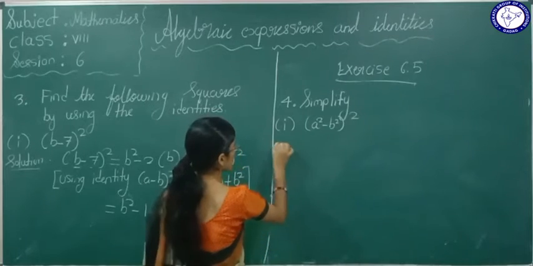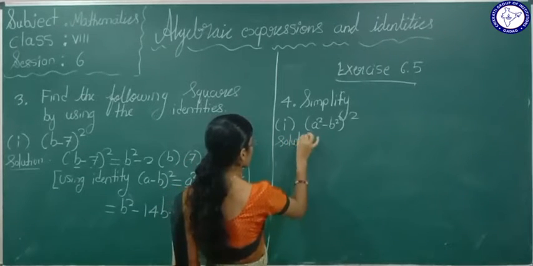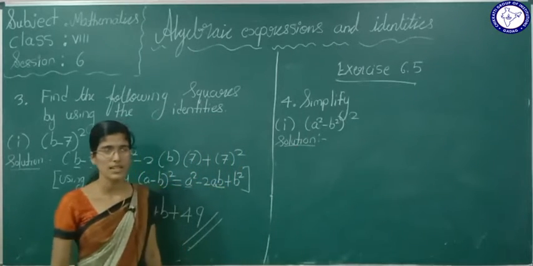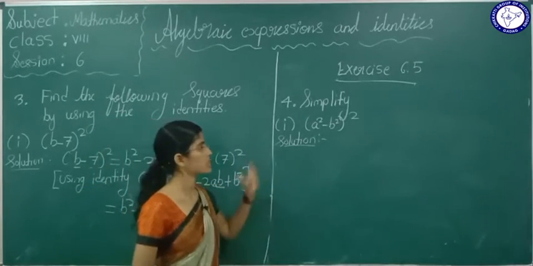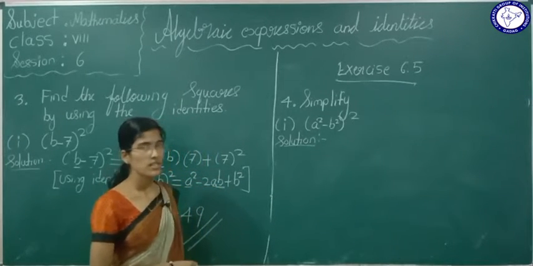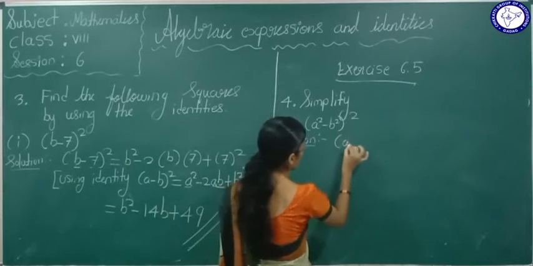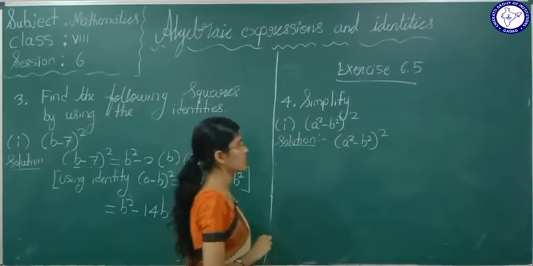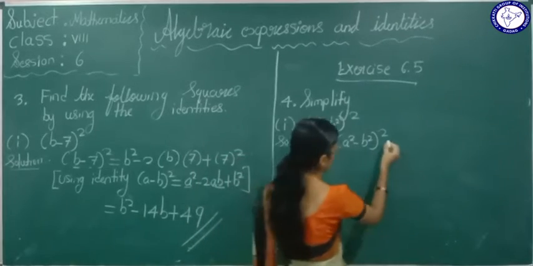Now see students, the solution. They told us only to simplify this, they did not say to use an identity. Now (a² - b²)².